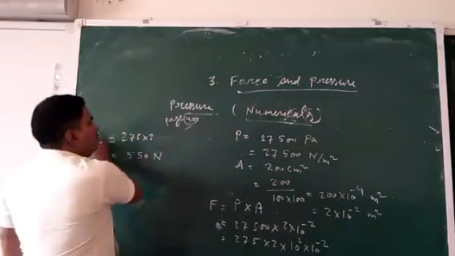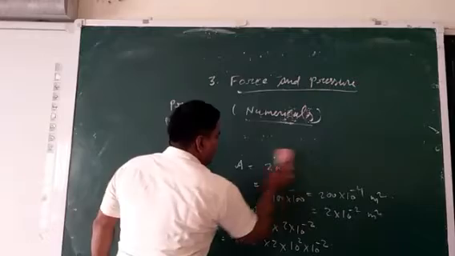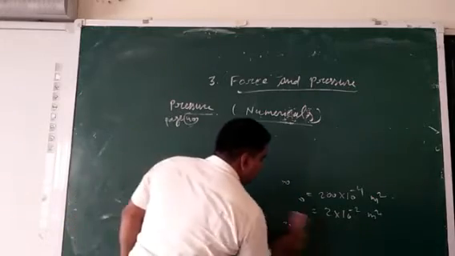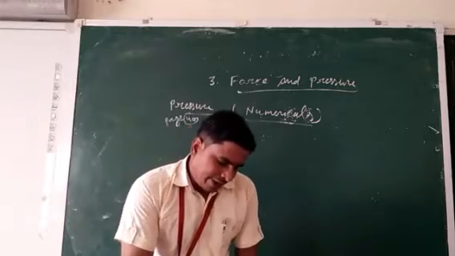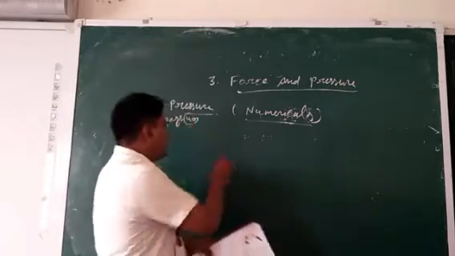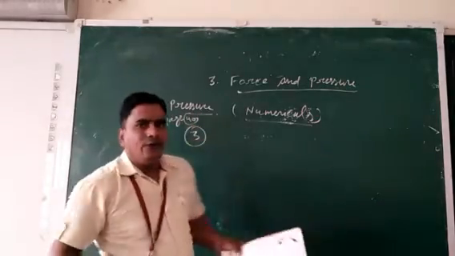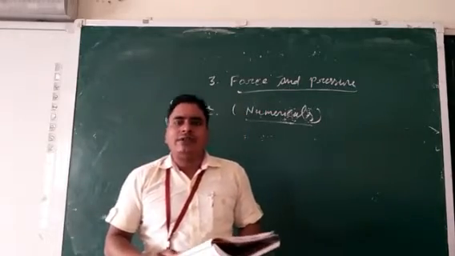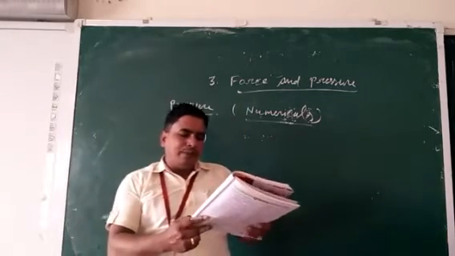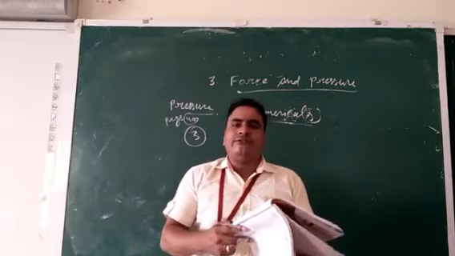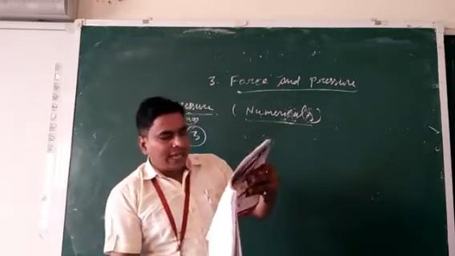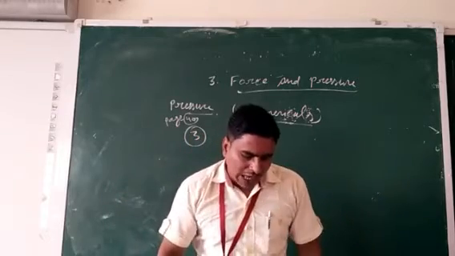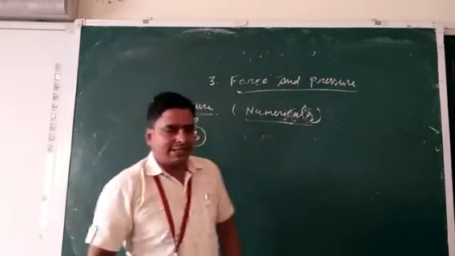Now, the next question, the third one, on the same page number 40. A force of 75 Newton can produce a pressure of 1,50,000 Pascal. Calculate the area in centimeter square on which the force acts.